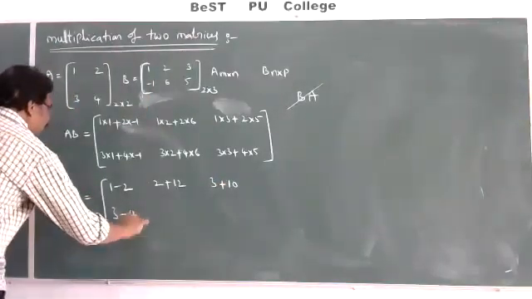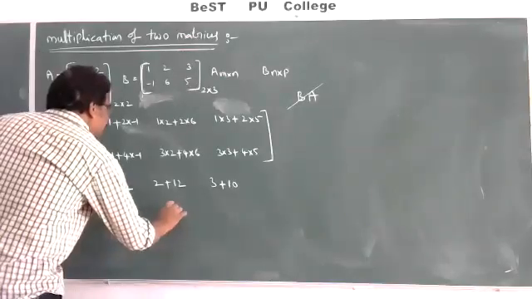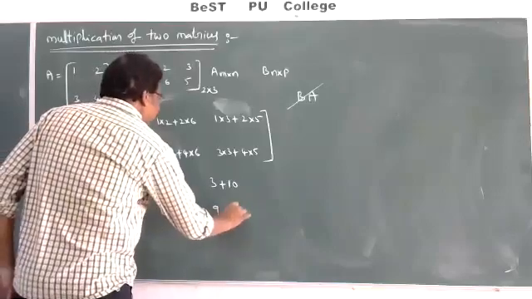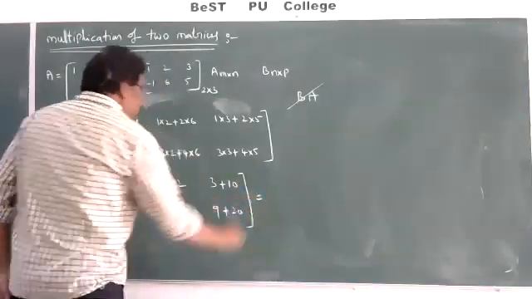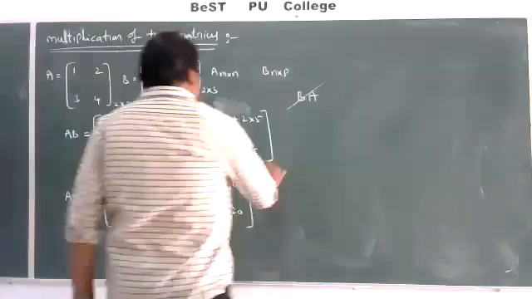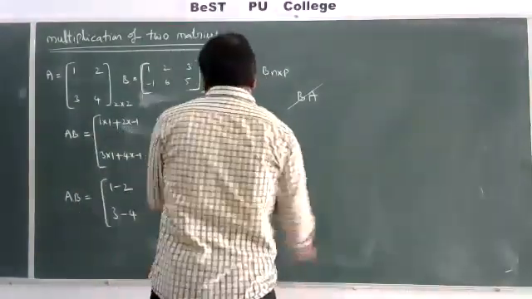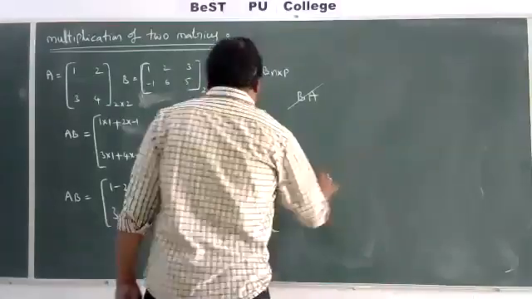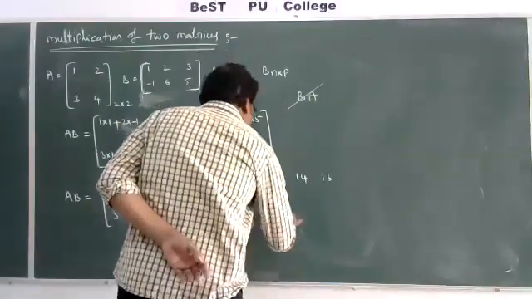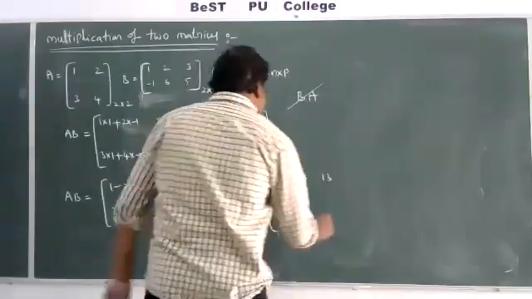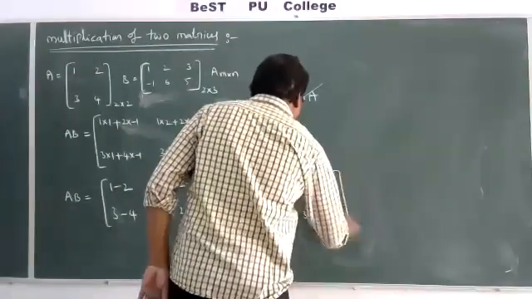Then 3 minus 4, 6 plus 24, and 9 plus 20. That is minus 1, 14, 13, minus 1, 30, 29.